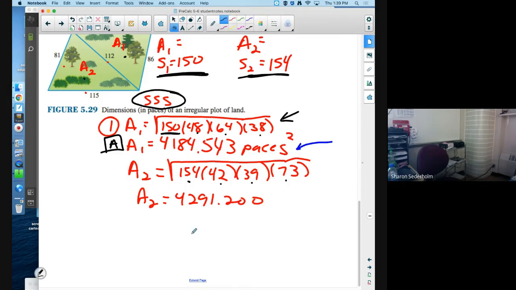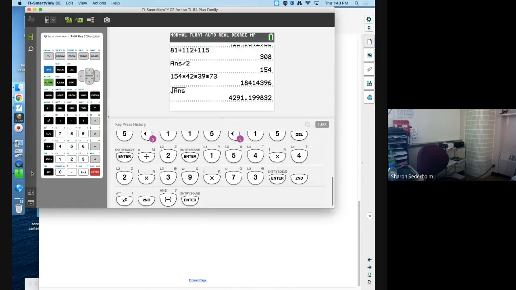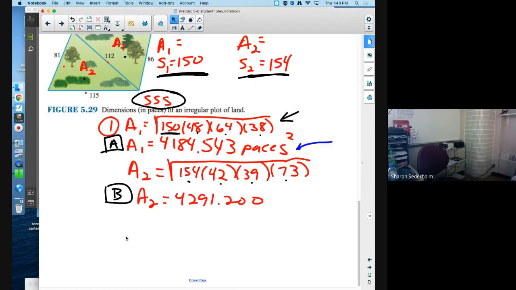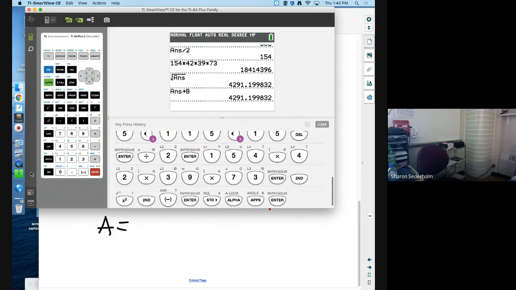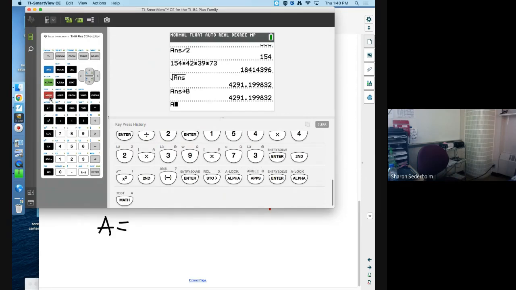Let me put that in storage as B. All right, so A and B are sitting in there waiting for what I have to do next. Now, this again is in square paces. Since what I really want is the area of the whole thing, I need to add my A and my B together. So alpha A plus alpha B.